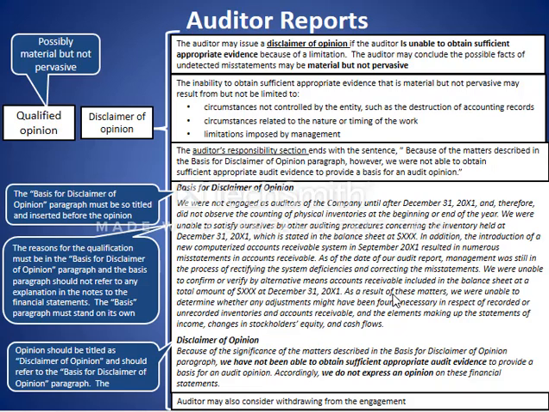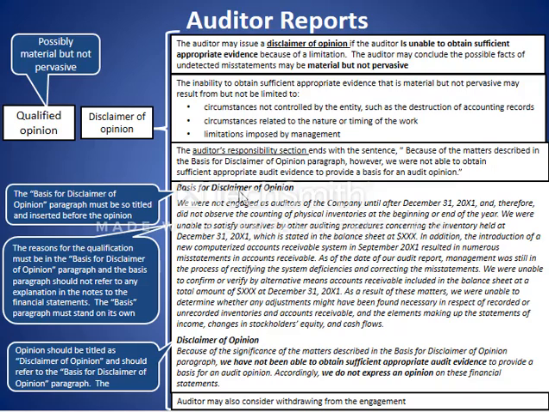As a result of these matters, we were unable to determine whether any adjustments might have been found necessary in respect of recorded or unrecorded inventories and accounts receivable, and the elements making up the statements of income and changes in stockholders' equity and cash flows. So that's a basis for the disclaimer of opinion in this particular case.